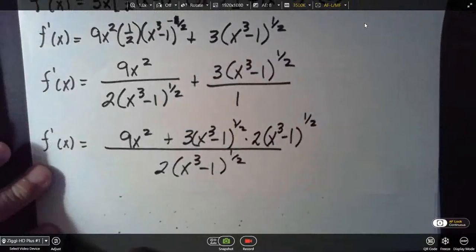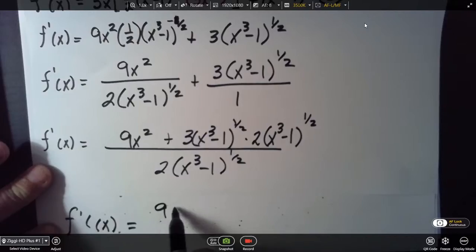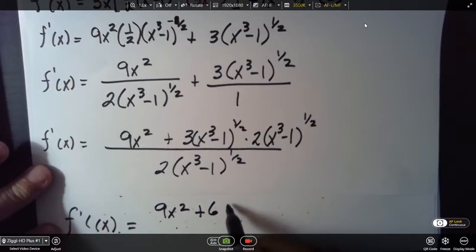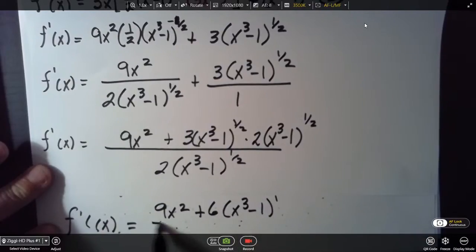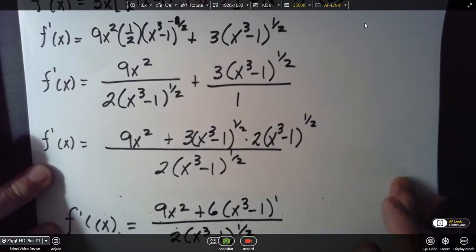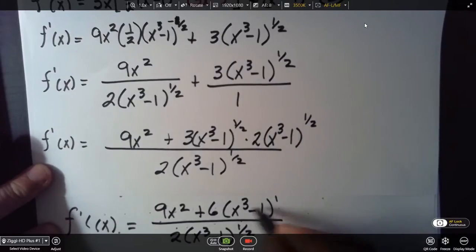So f prime of x is equal to 9x squared plus 6 times (x cubed minus 1) to the first power over 2 times (x cubed minus 1) to the 1/2. And you can distribute that 6.